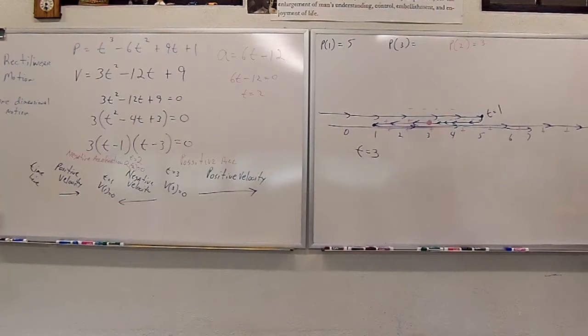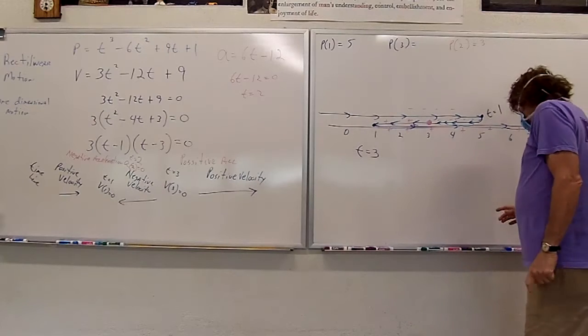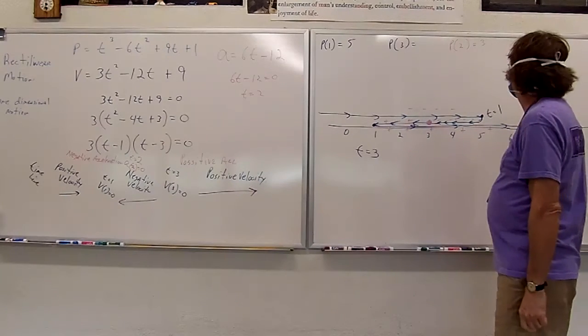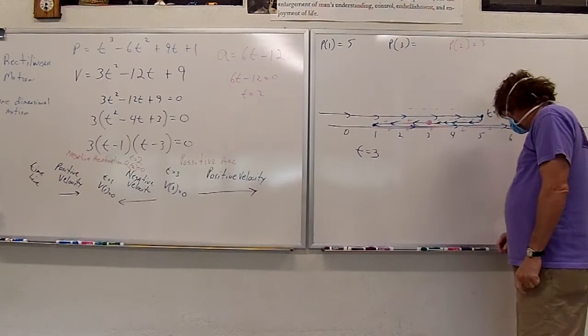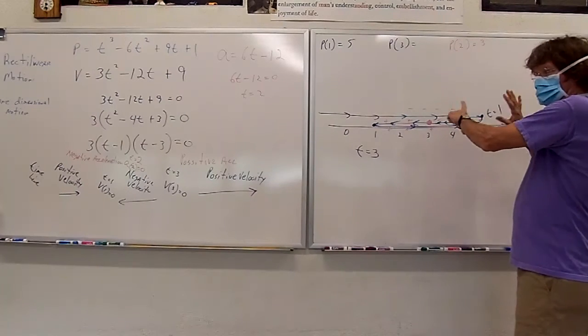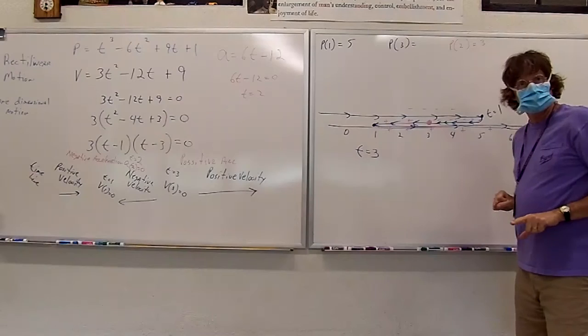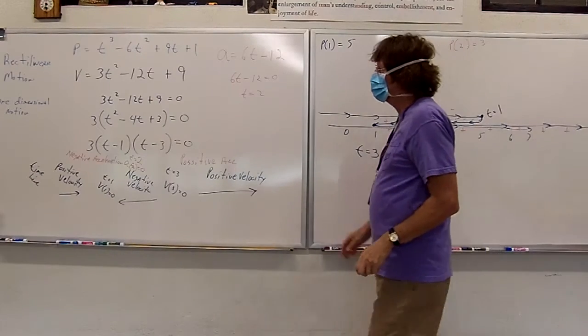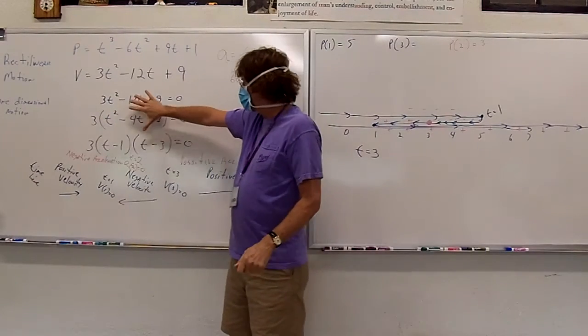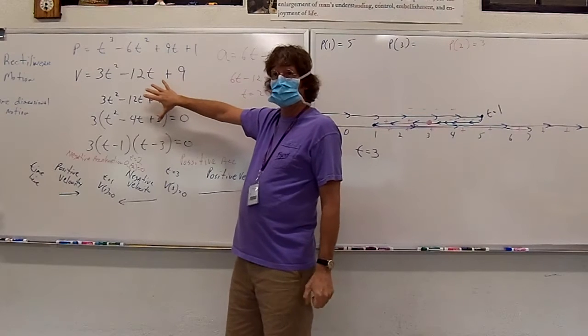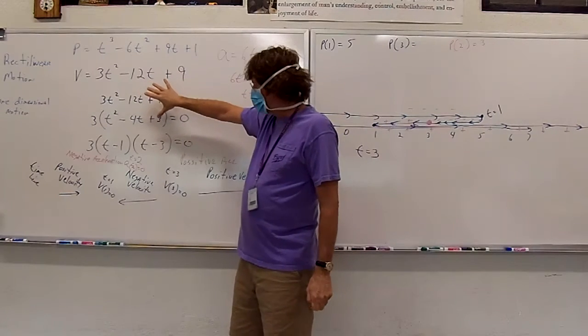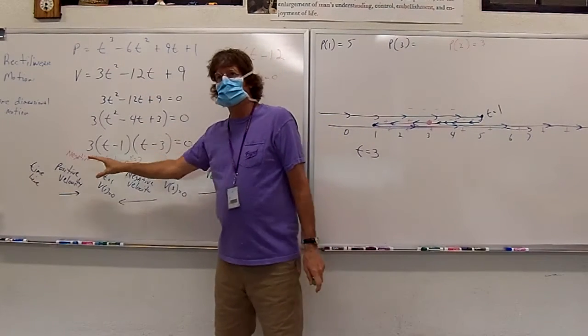I'm going to try this. I'm going to make a little chart, and we're going to talk about some things here. We're going to come back and look at this after I make my little chart. Is it okay if I erase this little part right in here and make my little chart? Everybody's got this little bit down here, right?